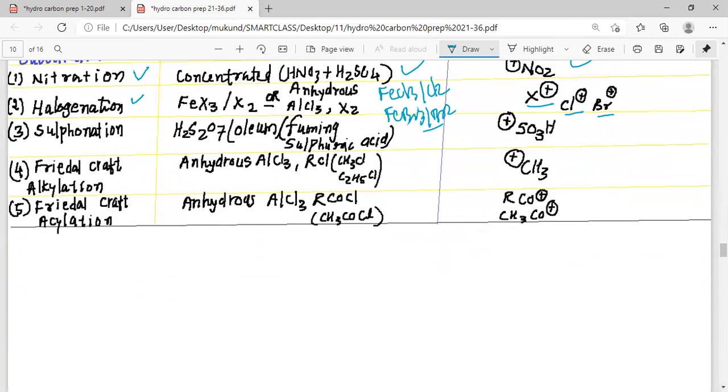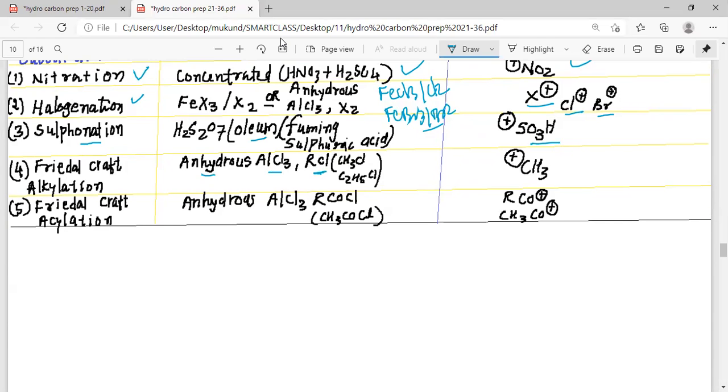Same way, my dear students, for sulfonation, we use the reagent H2S2O7, which is also known as oleum or fuming sulfuric acid. And here the electrophile produced is SO3H+. For Friedel-Crafts alkylation, my dear students, we can use anhydrous AlCl3 as a reagent, and we can use RCl.